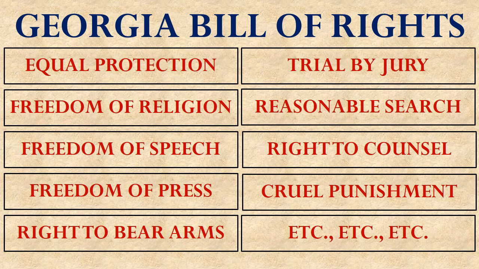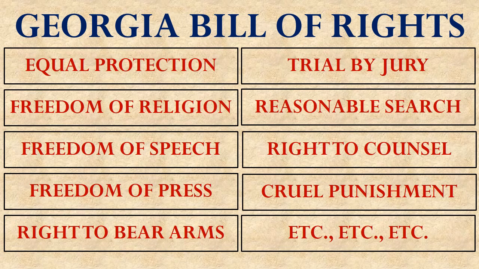Well, following this guarantee of due process, the Bill of Rights for the state of Georgia goes on to list a bunch of other rights that people have in Georgia. And you'll notice that for the most part, these are the same rights that are protected by the United States Constitution, primarily in the Bill of Rights. Things like equal protection, which is actually in the 14th Amendment, but not in the Bill of Rights. But it's one of those things that, yes, is found in the national Constitution, and here it is in the state Constitution also.